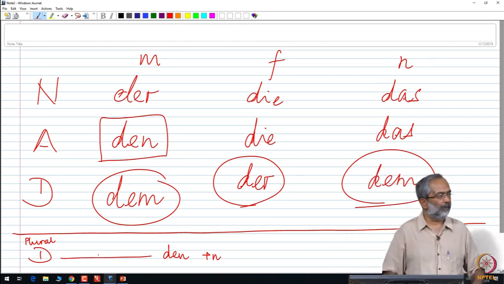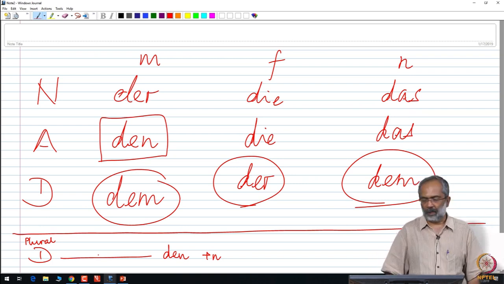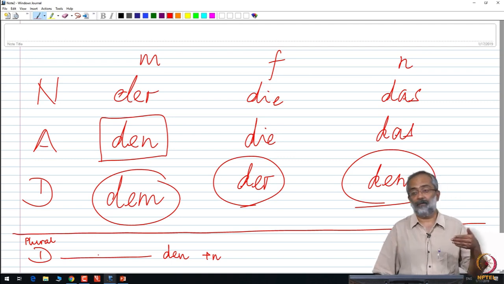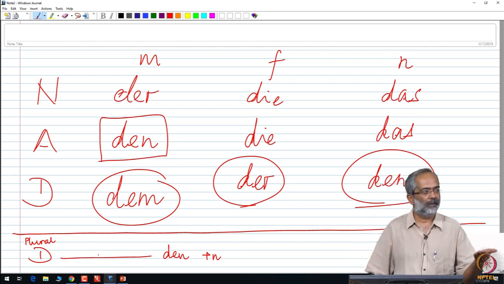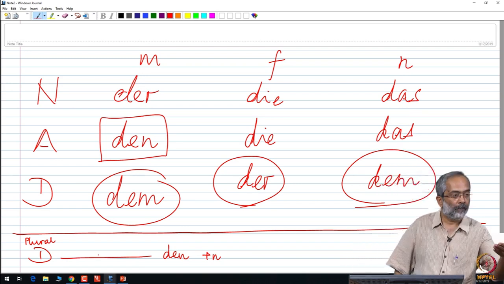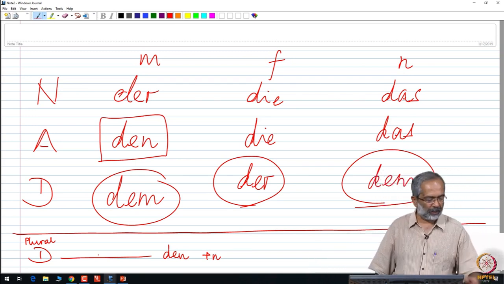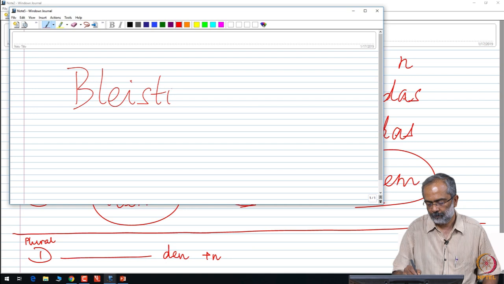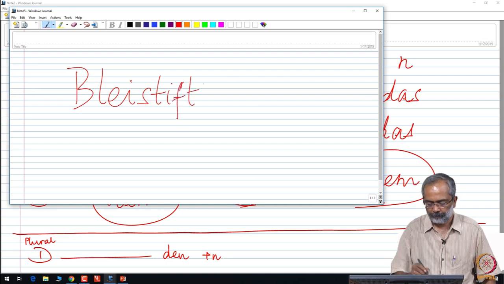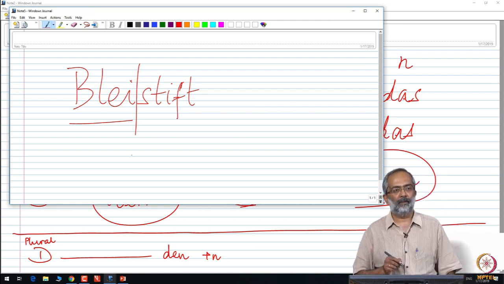For example, ich habe kein Wasser, or ich habe keinen Bleistift. What is a Bleistift? What is a Stift? Pen. Ich habe keinen Stift. Blei is the German word for lead, the metal.